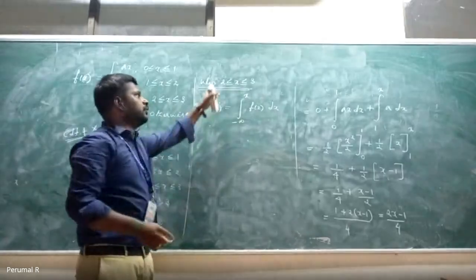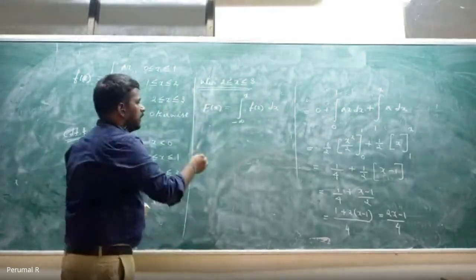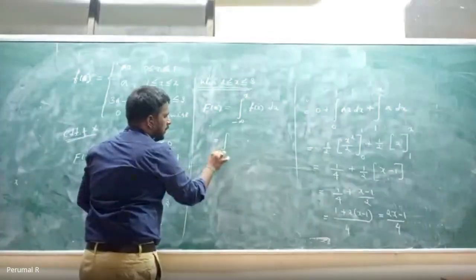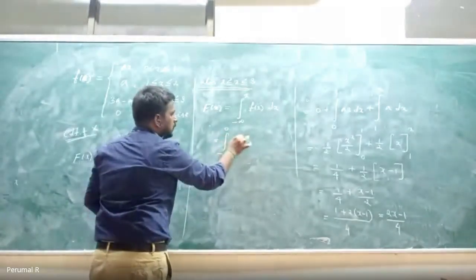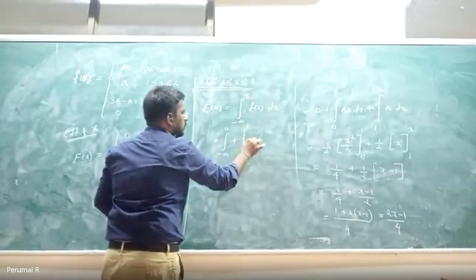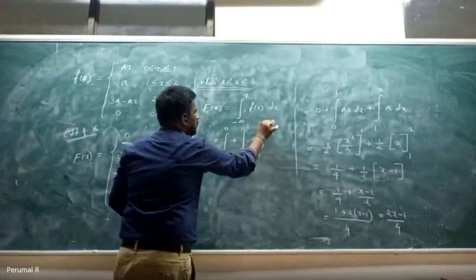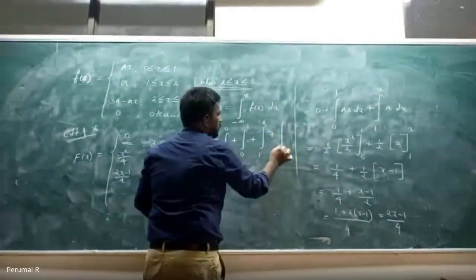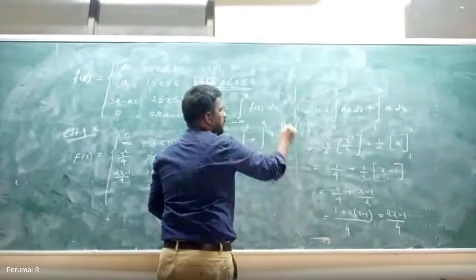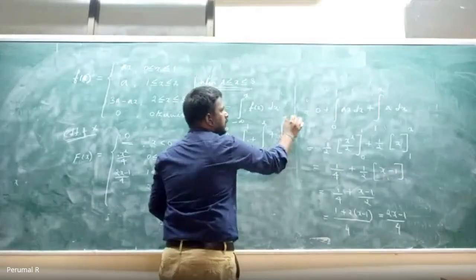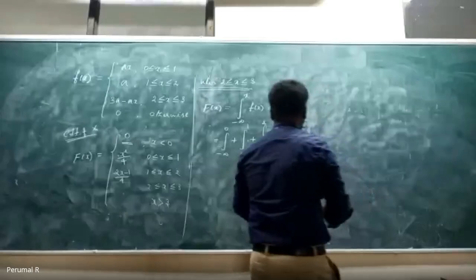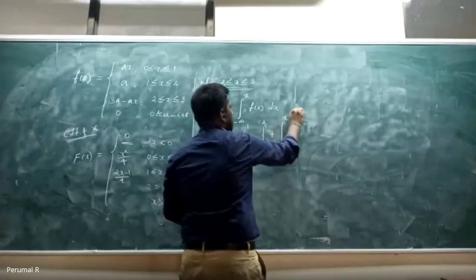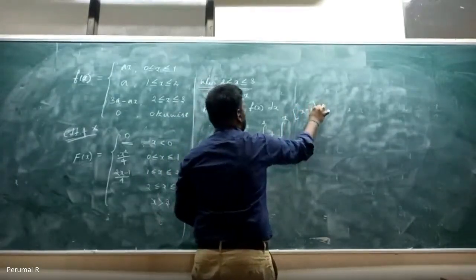We can't move directly; we can split up the interval into minus infinity to 0, 0 to 1, 1 to 2, then 2 to 3. So 3 means your x value. You can move on this way. So for 2 to 3, the x value becomes 3.